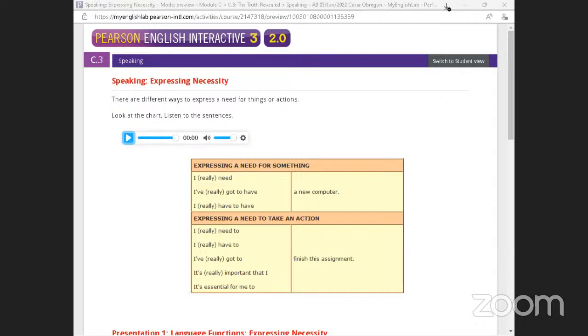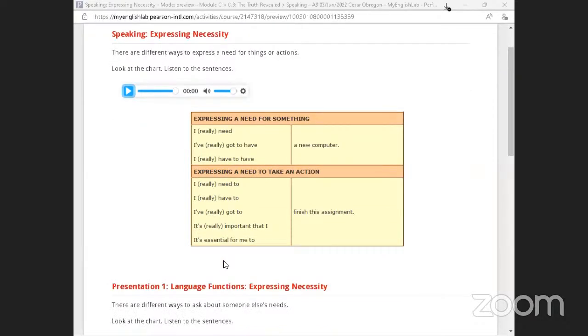Okay, again, the same drill: need, have, got, important, and essential. Well, essential would be a synonym for really, but essential is adding that really and part of you, part of you as a need.